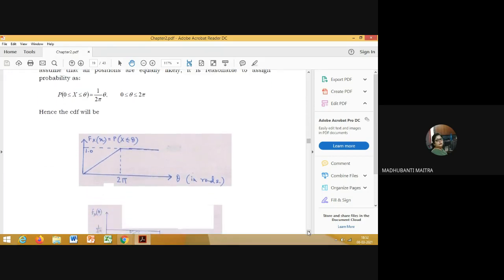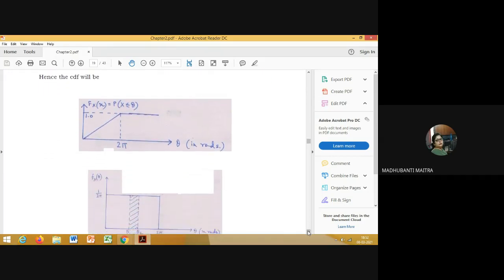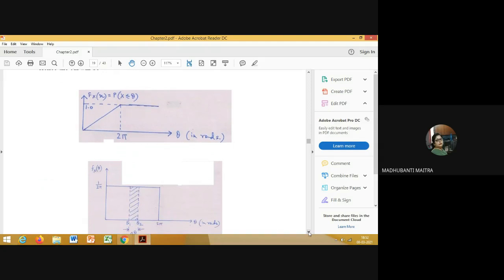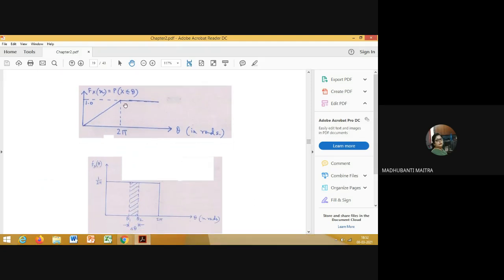Now, one interesting thing that we can note from this plot is, though we are considering a continuous random variable, in this particular case, in this distribution function, we see that there is a sharp change in slope at this particular point.